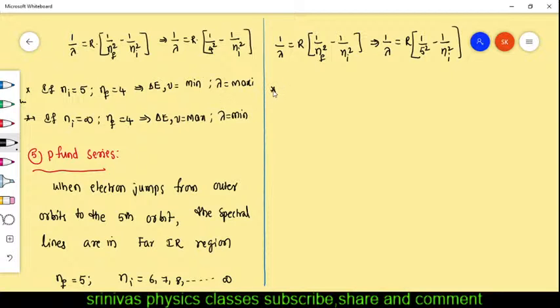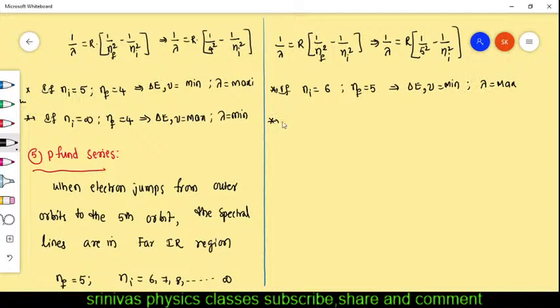What happens if transition occurs from sixth to fifth? The final energy state is 5, so the energy released and the frequency become minimum and the wavelength becomes maximum.